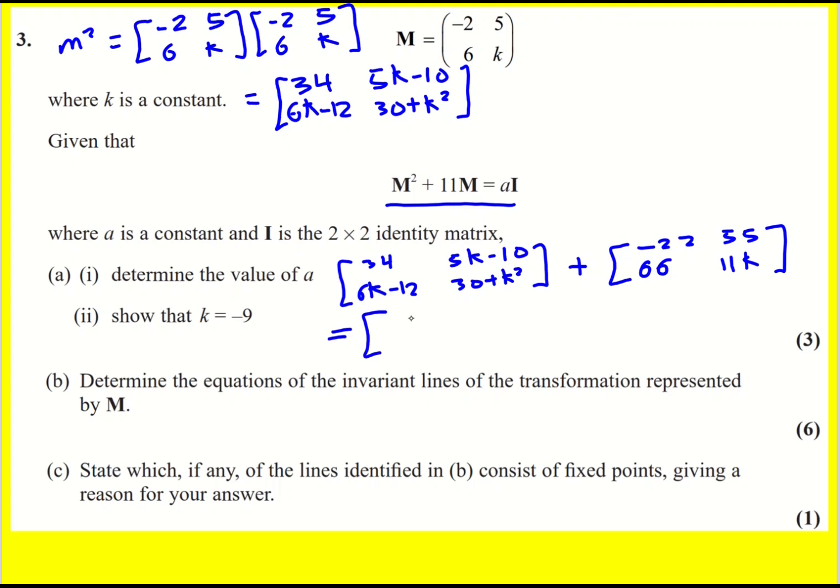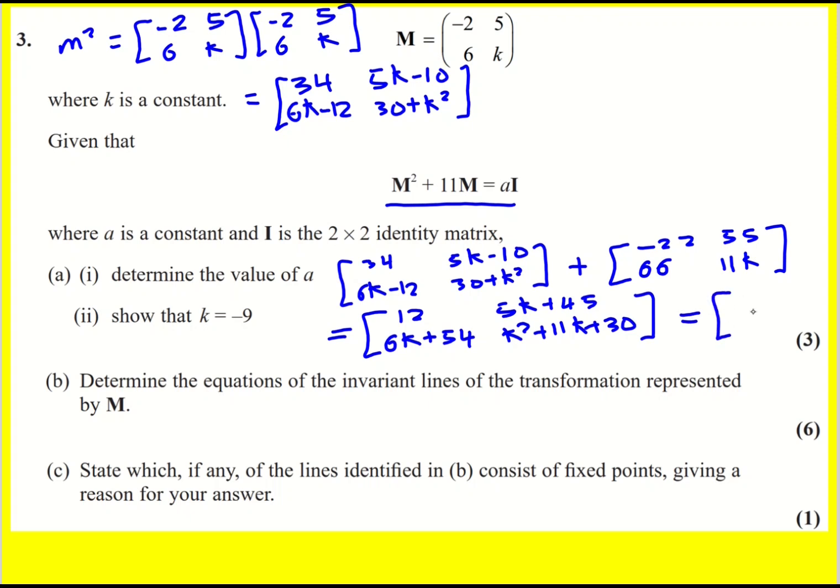Bring this together. I'm going to get 12, 6K plus 54, 5K plus 45, and K squared plus 11K plus 30.